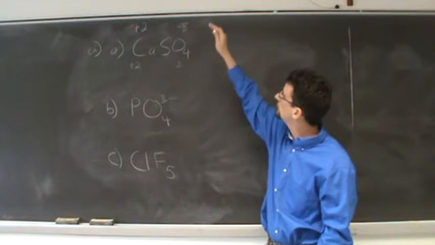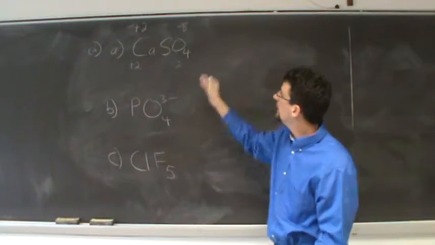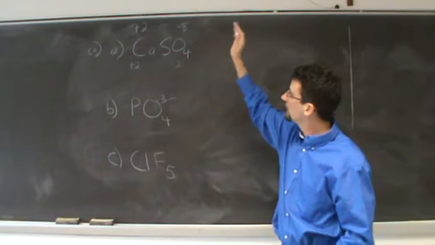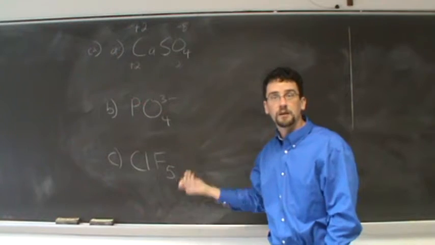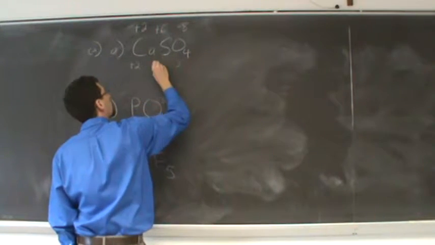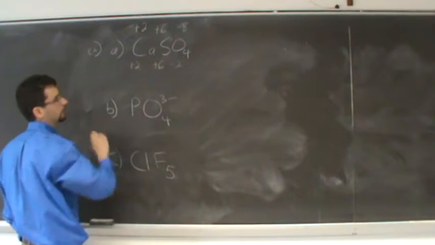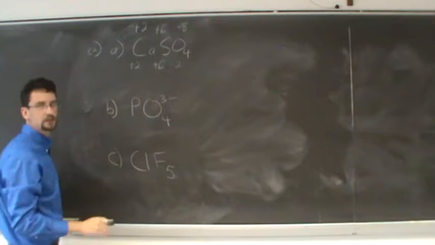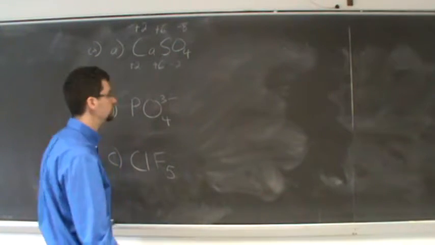Calcium's in a +2 state, our oxygens in total get us to -8, so we need something to add to 2 and -8 to result in a 0. The answer to that would be +6. So our calcium's in a +2 state, our sulfur's in a +6 state, and our oxygen is in a -2 state.